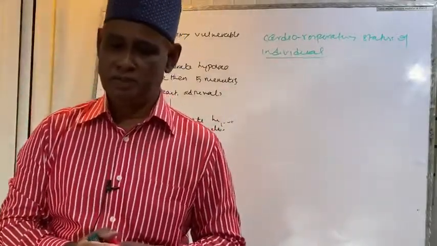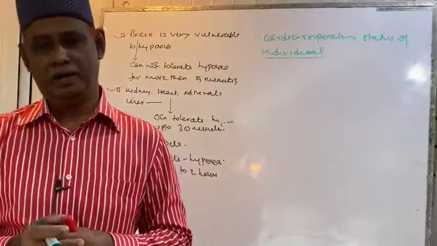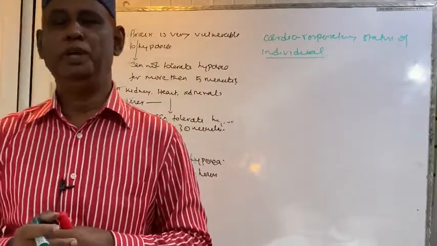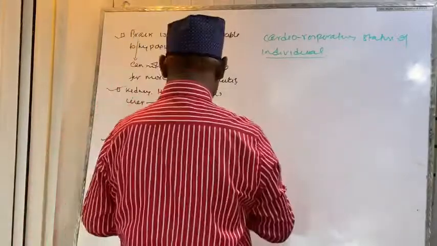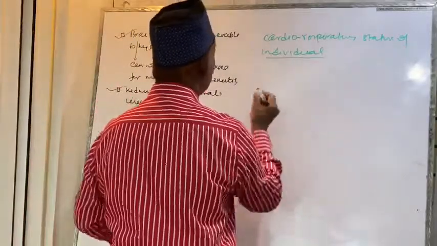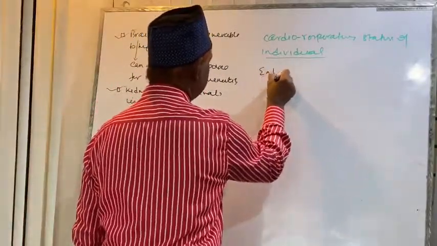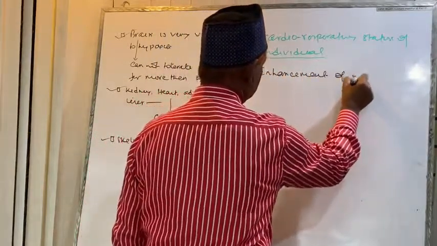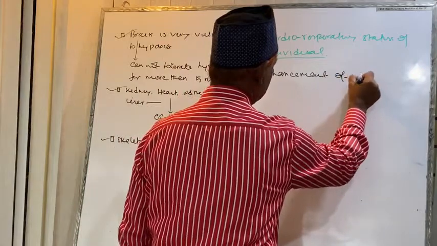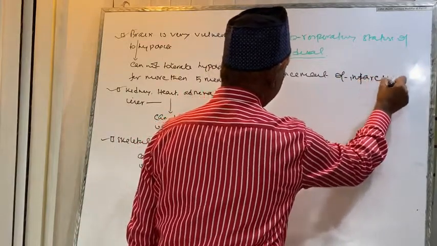So, this is vulnerability of tissue to hypoxia. So, the tissue which are more vulnerable to hypoxia are very much prone to develop infarction quickly.